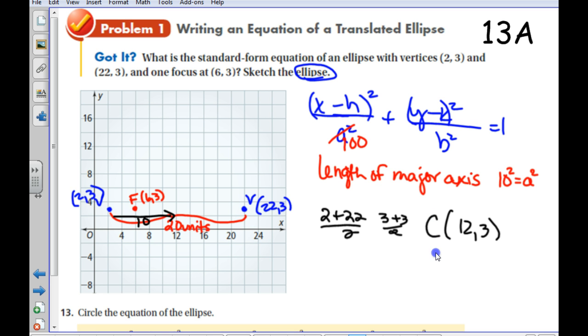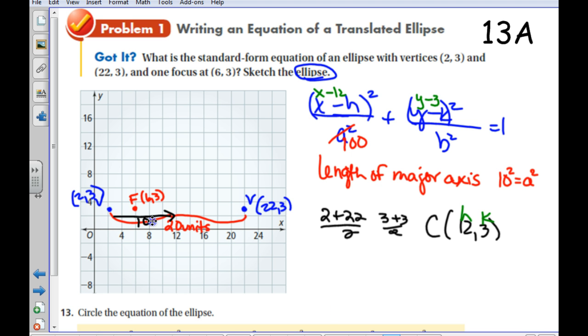So tell me what that means. Yes, that is H and that is K. All right, H and K. So we're going to have an x minus 12 and a y minus 3 in here. All right, how are we going to find B?